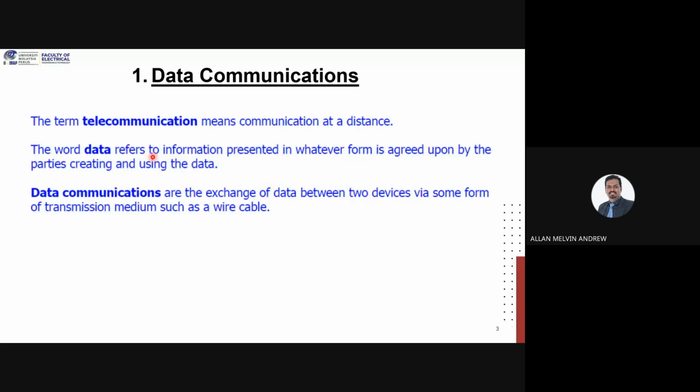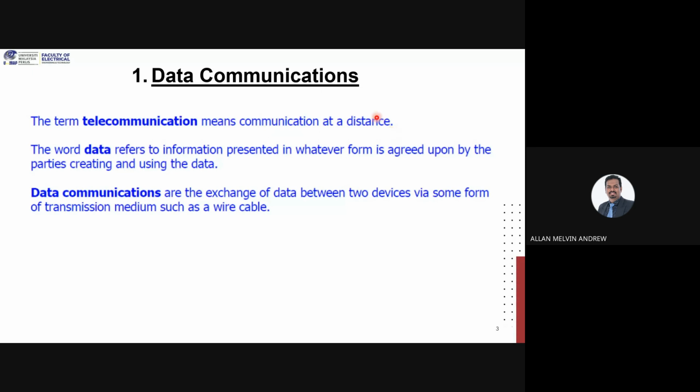But in data communication, we need to understand that telecommunication means communicating at a distance. Distance here does not mean 1 meter or 2 meters. It involves a few kilometers, or communication between cities and between countries. That is what we call telecommunication, because it must have a distance between the communicating parties.